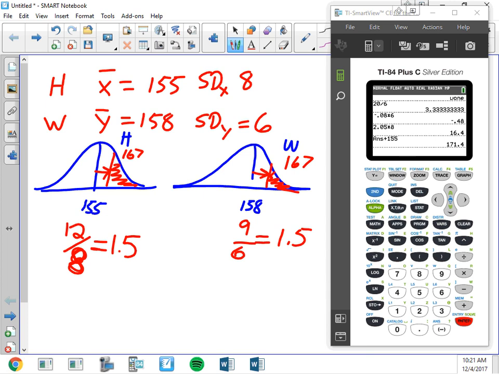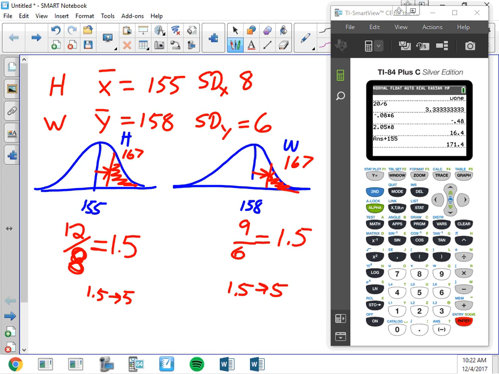I have converted both histograms into the standard normal curve, and I got z-scores that are equivalent, which means there are just as many people to the right of 167 in the height graph as there are in the wingspan graph. I could go through and calculate the area, shade norm from 1.5 to 5 for each, but obviously that's going to give me the same answer.